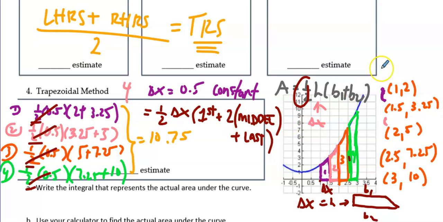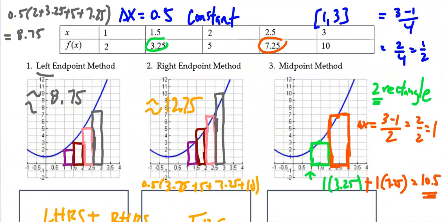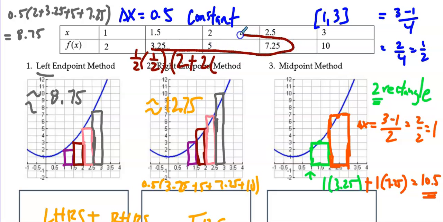So what do I mean by this? If we go back up here to the table for a second, and let's do the trapezoidal right here. I'm going to do the 1/2 because of the trapezoid. I'm going to do 1/2 because of delta x. And then my first number is 2, so I'm going to write a 2 here. And then plus 2 times the sum of the ones in the middle. So it's going to be 2 times 3.25 plus 5 plus 7.25.